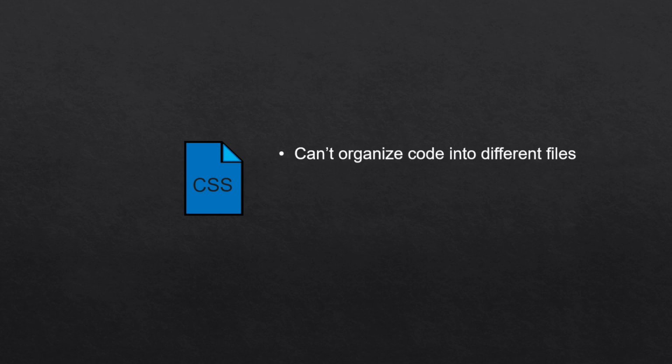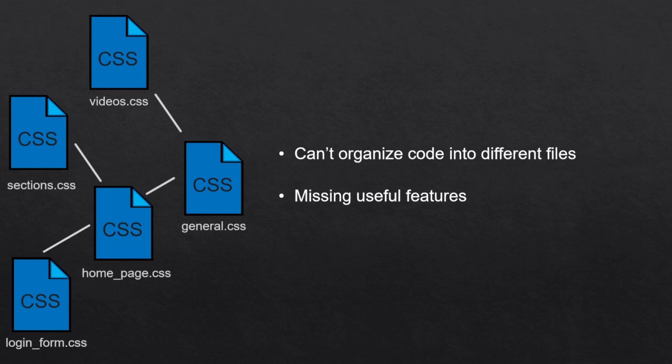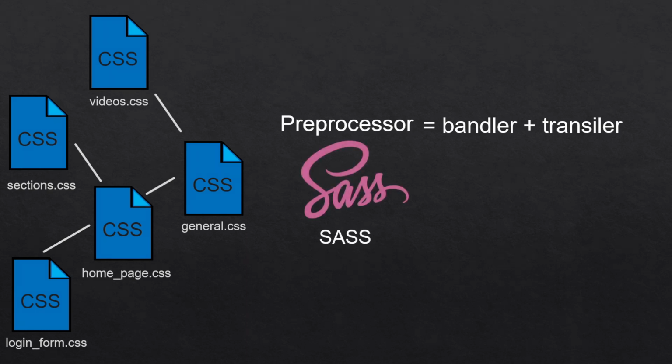Now let's return to CSS. CSS as a language has the same problems as JavaScript. We can't organize our code in different files without losing page loading speed. And CSS is missing a lot of useful features, so we use CSS preprocessors. It's basically the combination of a bundler and a transpiler. The most popular CSS preprocessor you probably heard of is called Sass.